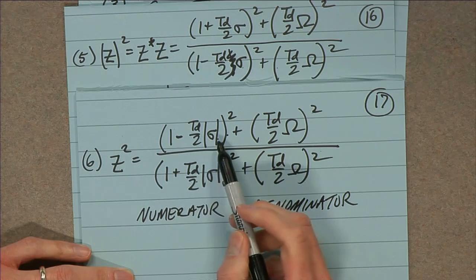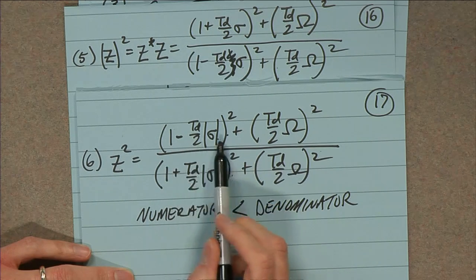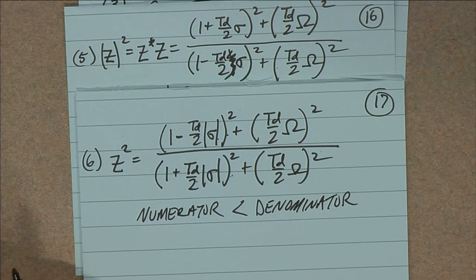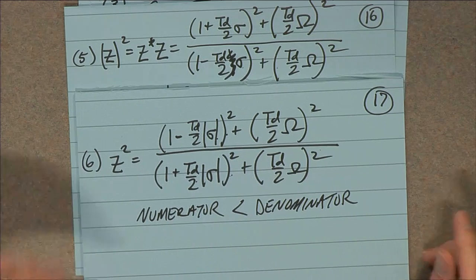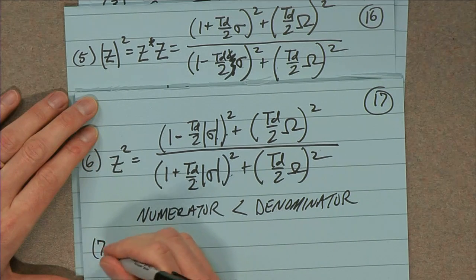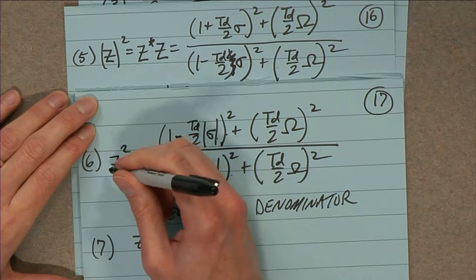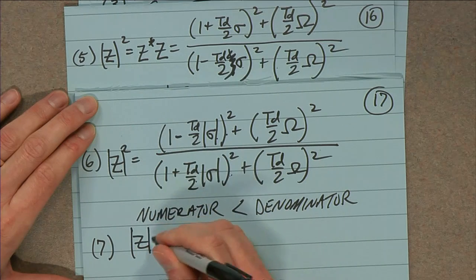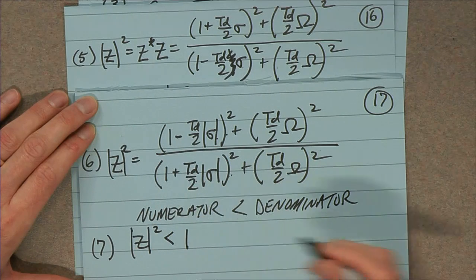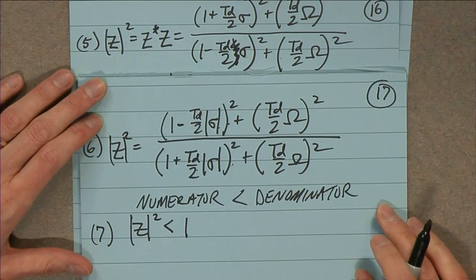Because for any number you have, it's 1 minus that. This is 1 plus that. These are magnitudes. Well, what is that basically saying? That's saying that this, I guess I should have put brackets like that, is going to be less than 1, right?